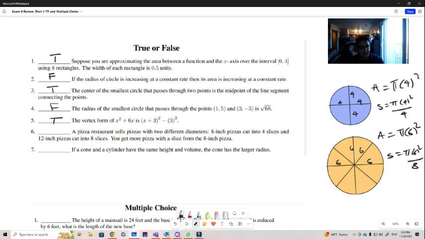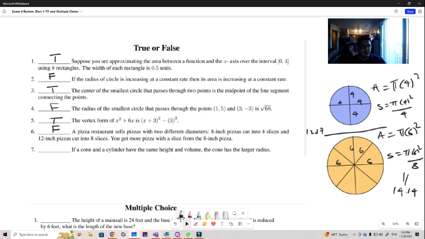Now the funny thing is that this pi times 6 squared over 8 is actually 14.14, and this one here is going to be 12.57. So even though we're dividing this one into more slices, this ends up being a little larger in area. And so we get more pizza on the slices from the 12 inches. And so this is false.